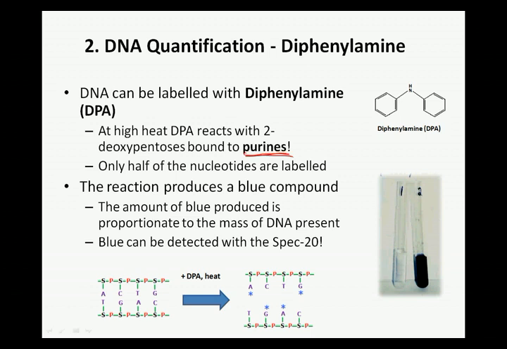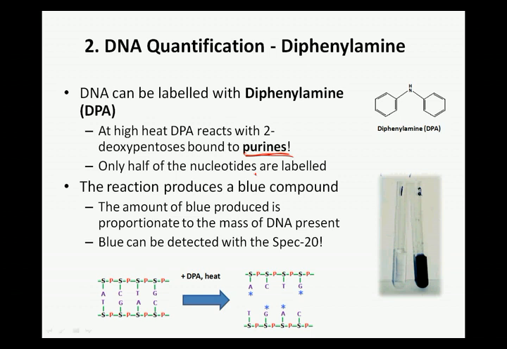It means that if you take your DNA and you get it to react with this chemical, only half of the nucleotides will react with DPA. Okay, this is very important. We'll see later on, when it comes to the analysis of your data, how you have to take this into account.